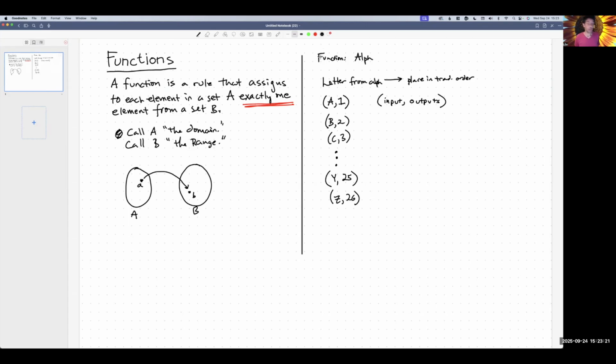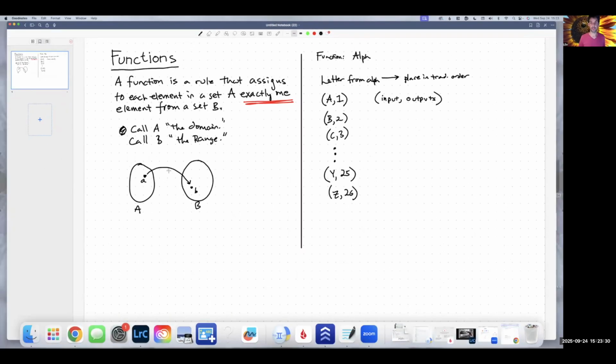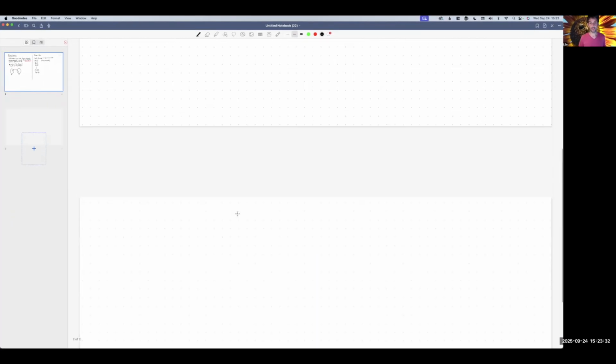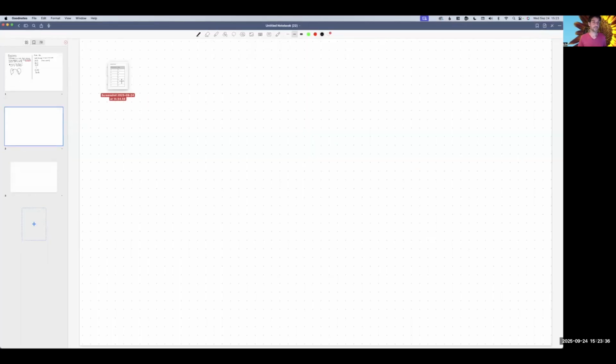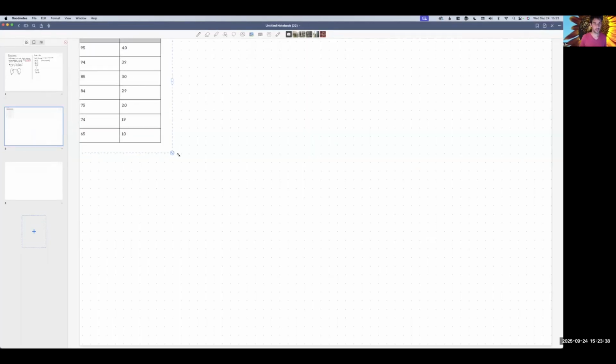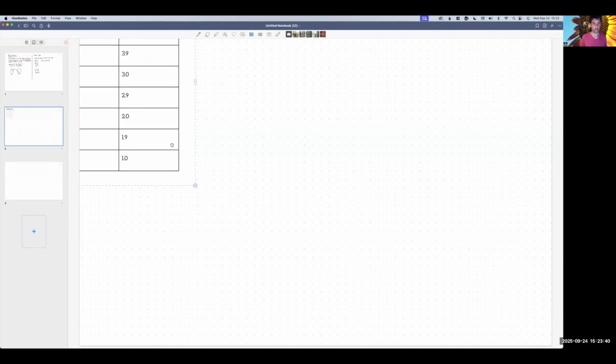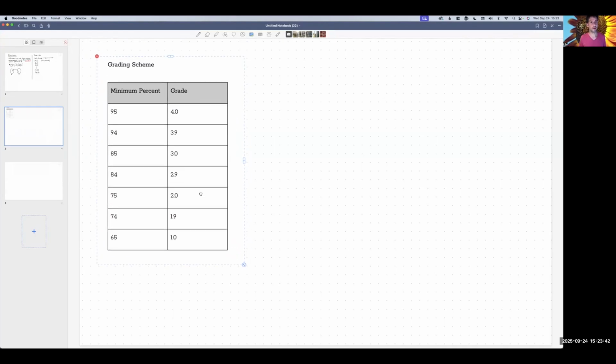Let's do another example, which will also give us another way to represent this function. I'll pull this from my syllabus. Right here, I have a table.